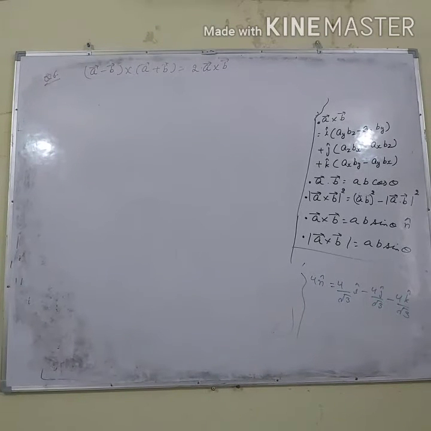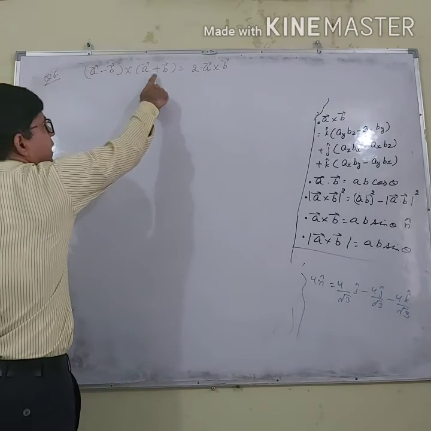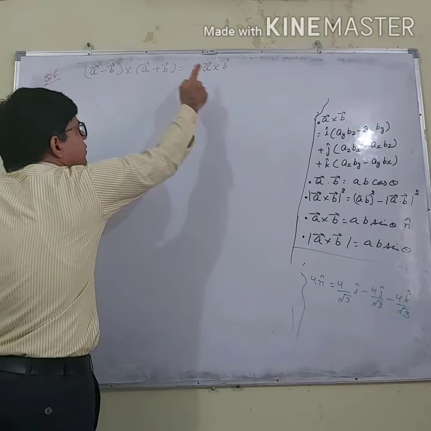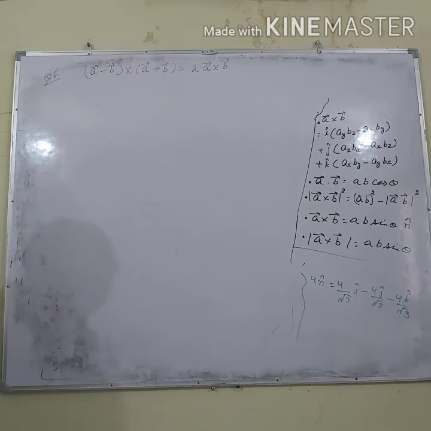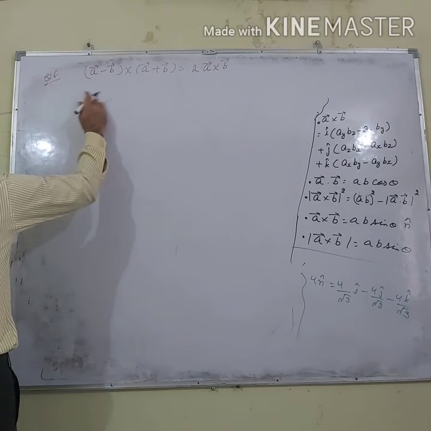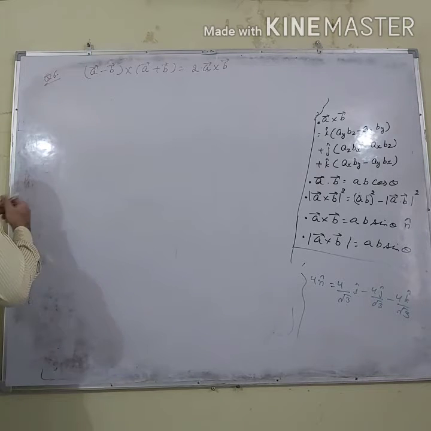Question number 6 is on the whiteboard. We have to prove that vector (a minus b) cross (a plus b) equals twice of a cross b. How to solve? First of all, open the brackets. What do we get on opening the brackets?